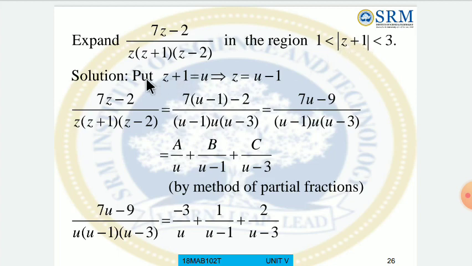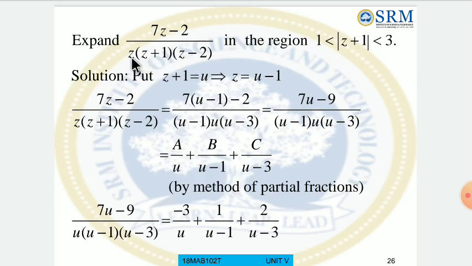So let us substitute z plus 1 equal to u, otherwise z equal to u minus 1. This is my given function in terms of z. Let's convert this into terms of u. So 7z minus 2, replacing z by u minus 1, we get 7u minus 7 minus 2, which is 7u minus 9. So the numerator is over.